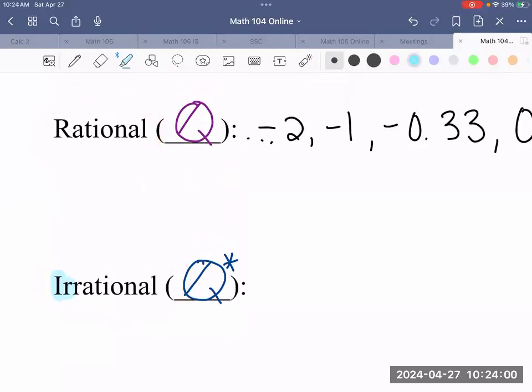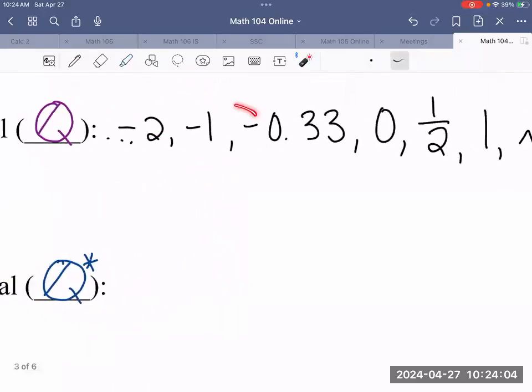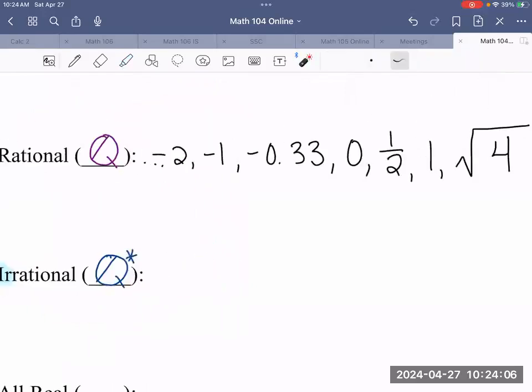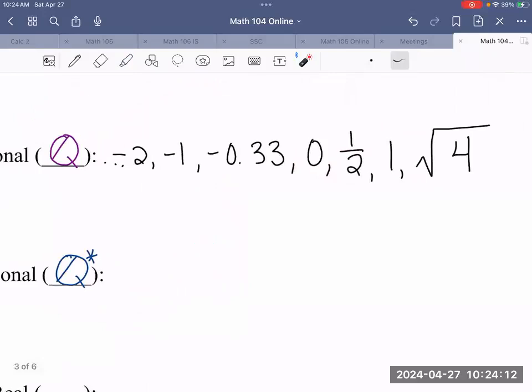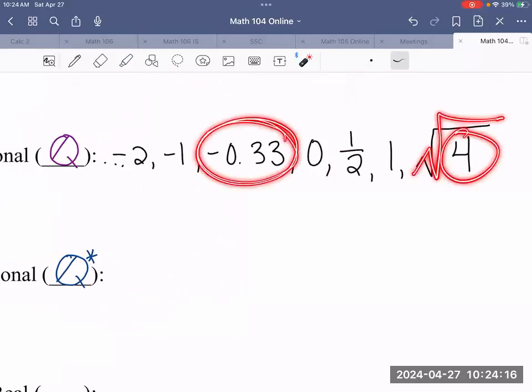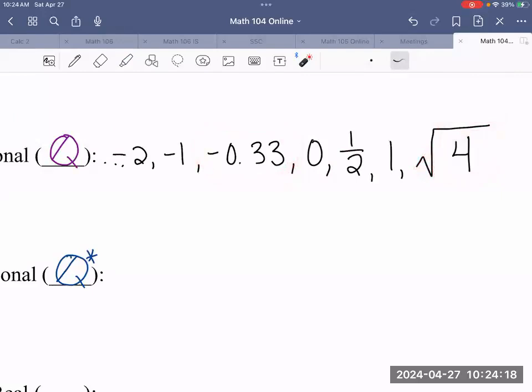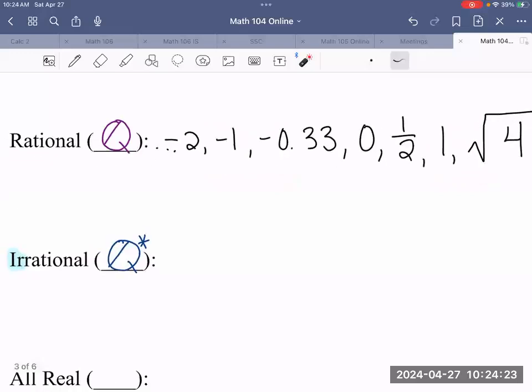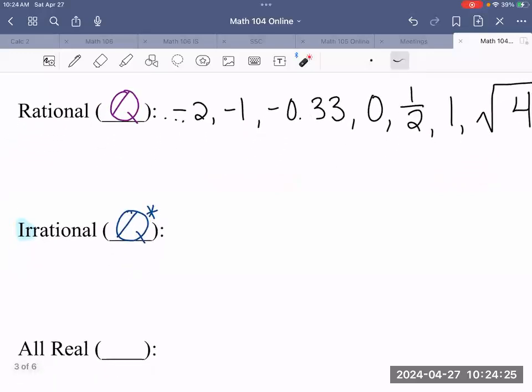So it's the opposite of rational, which means we are not allowed to have any natural whole numbers, anything that comes out nice and clean in a square root, any sort of decimal that has a pattern or terminates, so it's really the opposite. So can you think of the most famous irrational number?